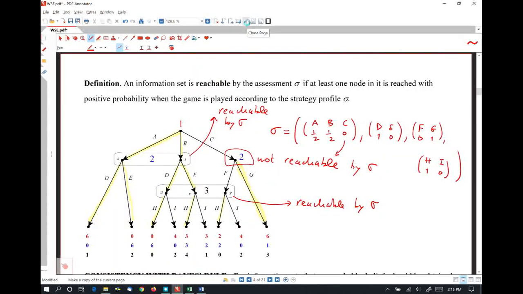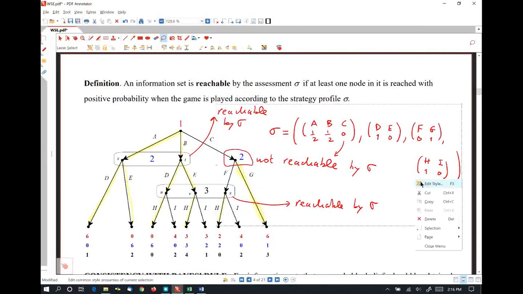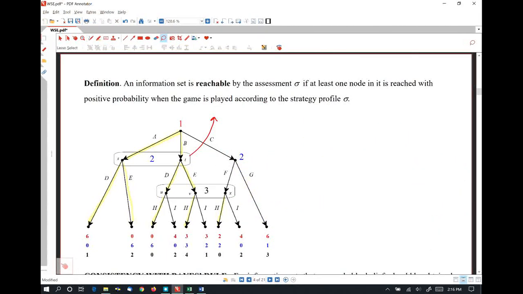Okay. So let me make a copy of this. And let's try a different strategy profile. The notion of reachability depends on the strategy profile you're considering. Okay, let's try now this following strategy profile.